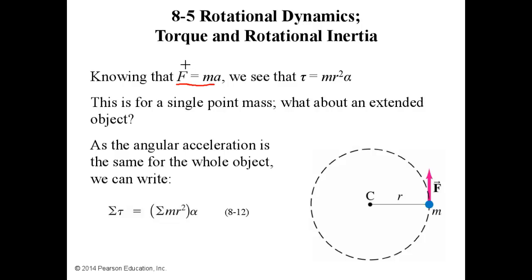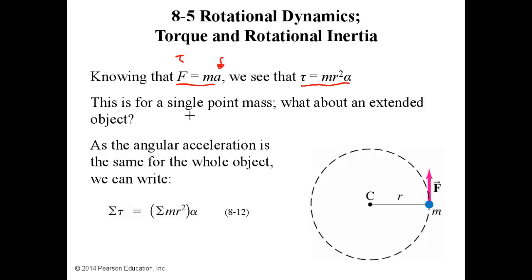If we take Newton's second law there and multiply both sides by radius, we're going to get a torque on this side. And if we convert this acceleration to angular acceleration multiplied by radius, we're going to get that for a point object the torque is equal to mass times radius squared multiplied by the angular acceleration. This is for a single point mass.